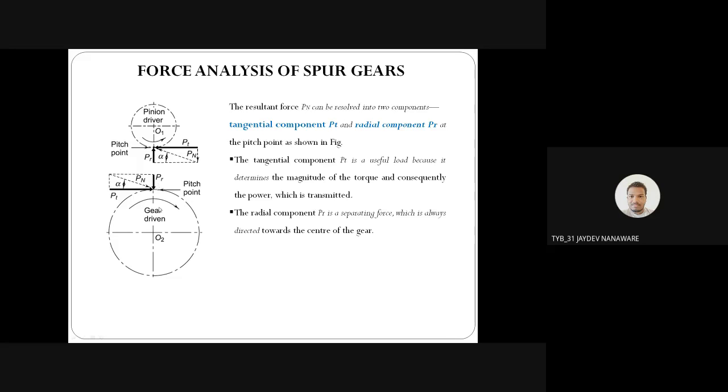This is what we use for the gear, and for the pinion it is exactly opposite. These are the important considerations while giving the directions in the force analysis, because these directions are required in the case of helical gears also. Accordingly the directions are shown.